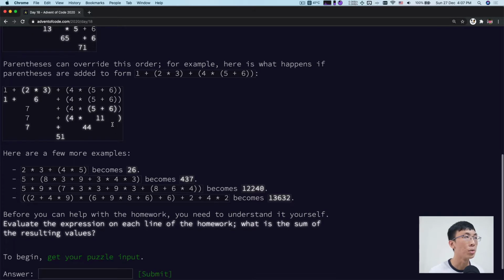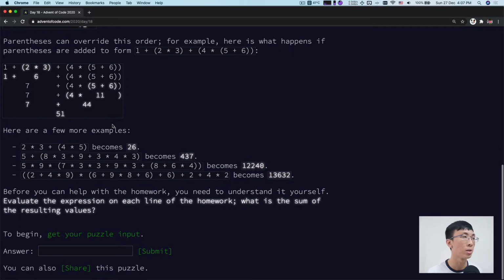When you have parentheses, you have to evaluate what is inside the parentheses first, right? In this case, we evaluate 2 times 3 equals 6, and then 1 plus 6, 7. 5 plus 6, we have 11, and then 4 times 11, we get 44, and then we add it up again, right?